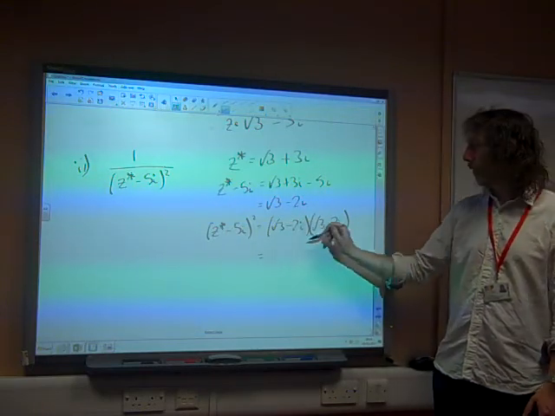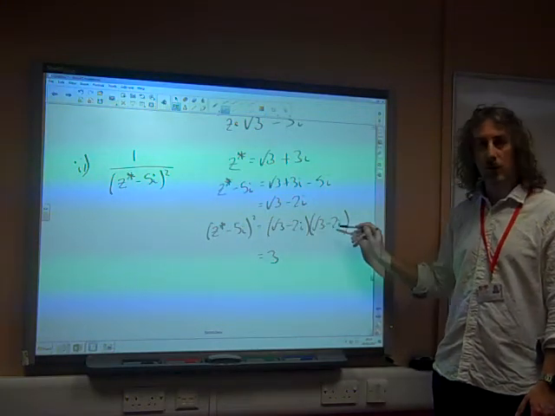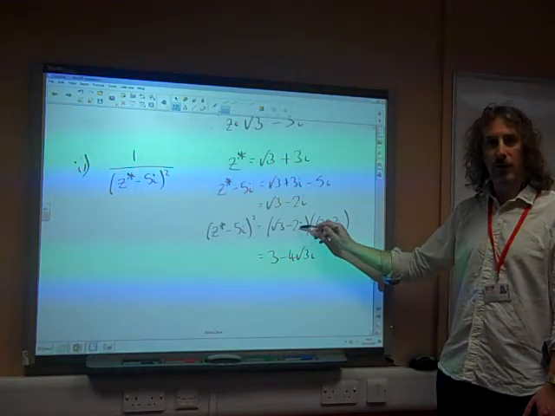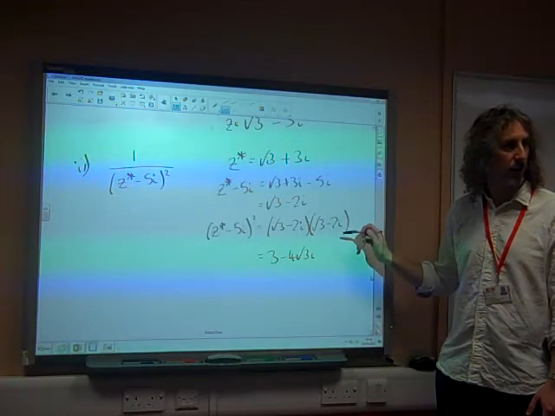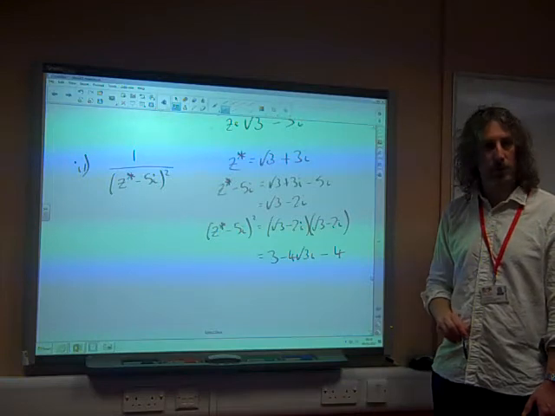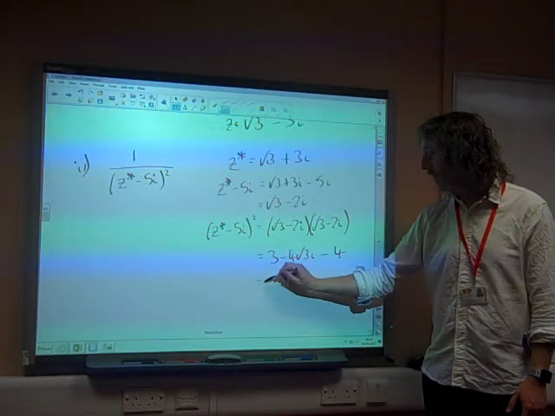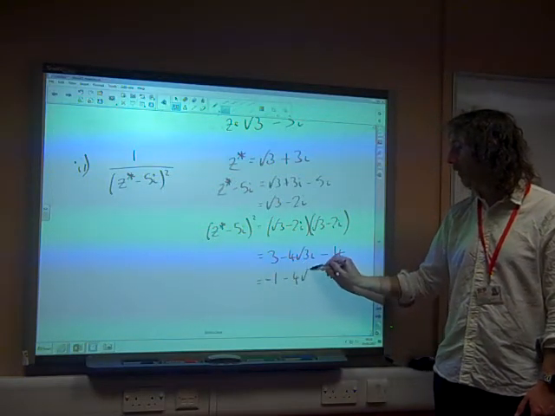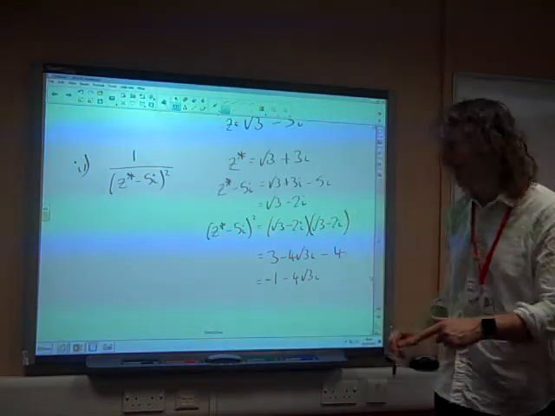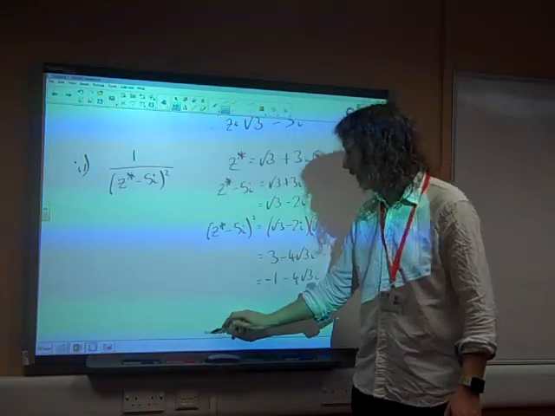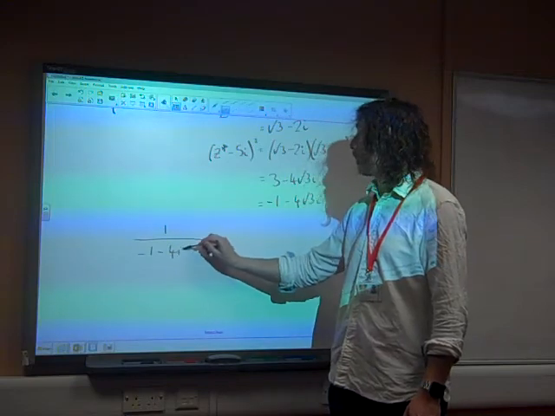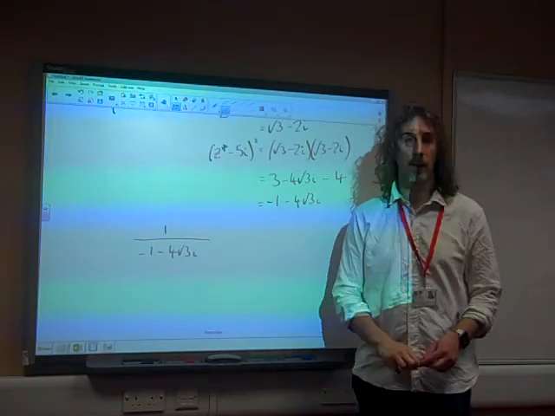That gives me root 3 times root 3 is 3, minus 2 root 3 minus another 2 root 3, and then minus 2i times minus 2i is plus 4i squared, which is minus 4. So that is minus 1 minus 4 root 3 i. So that is what our fraction looks like. We've got 1 over minus 1 minus 4 root 3 i as the thing that we're looking for.